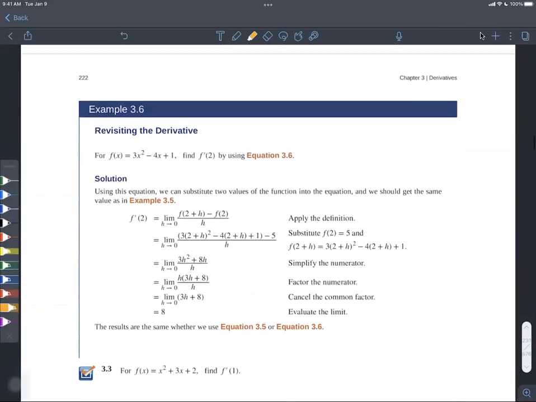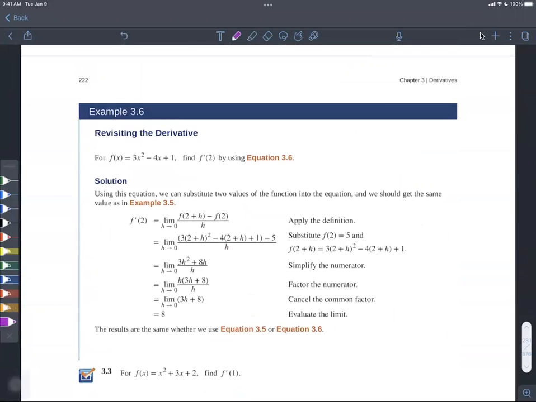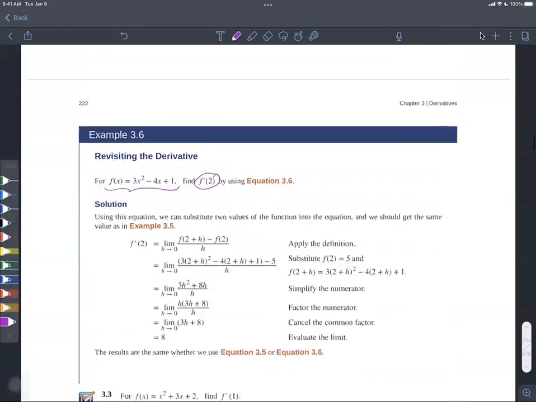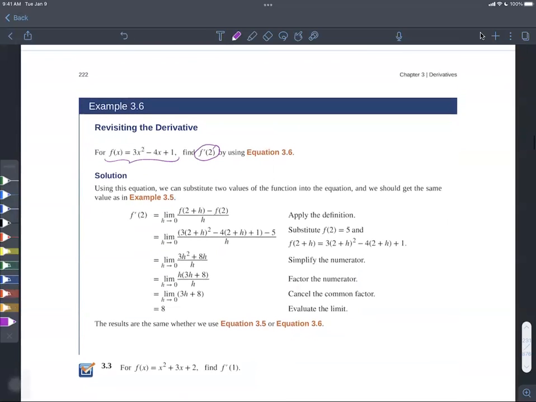So we wanted to find f prime of 2 for this given function f. And that gave us the tangent line to the function at x equals 2. It takes a good amount of work to find the derivative at that x value.